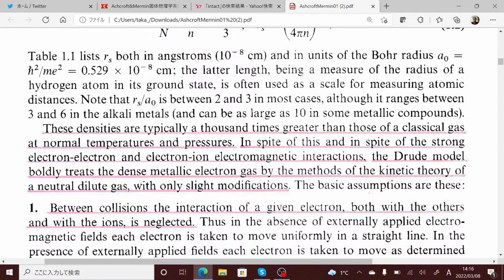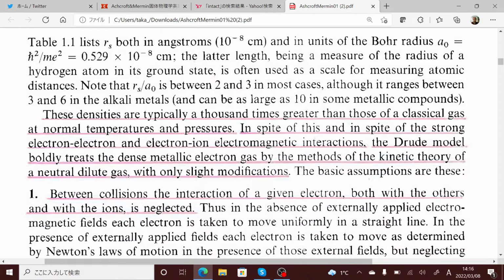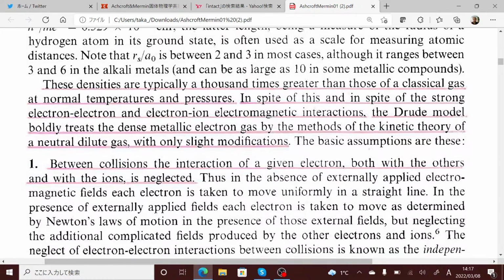In spite of this, and in spite of the strong electron-electron and electron-ion electromagnetic interactions, the Drude model boldly treats the dense metallic electron gas by the methods of kinetic theory of a neutral dilute gas with only slight modifications.